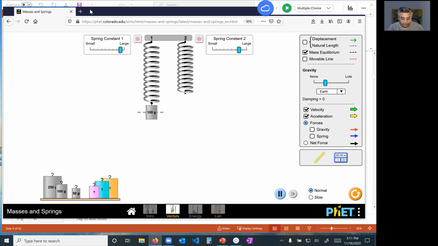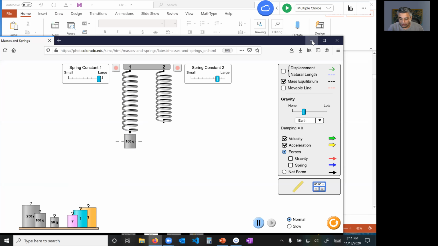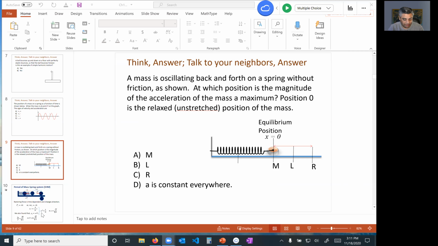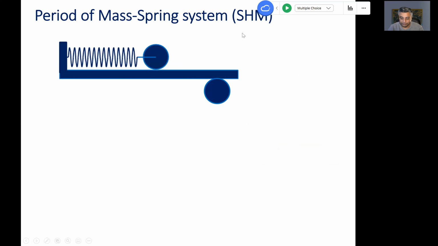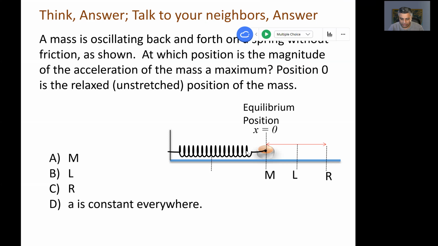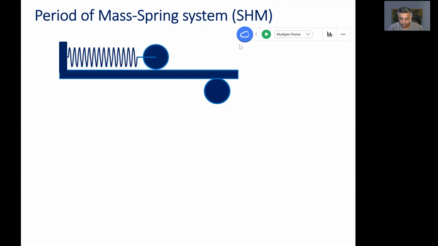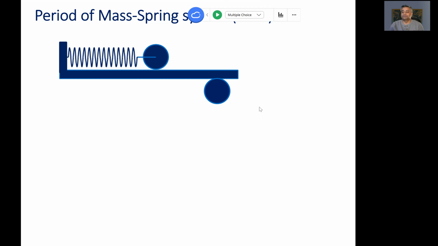Okay, so for now, let's put this down here and let's go where we actually derive another important equation. For the mass spring system, let's again write down the equation.